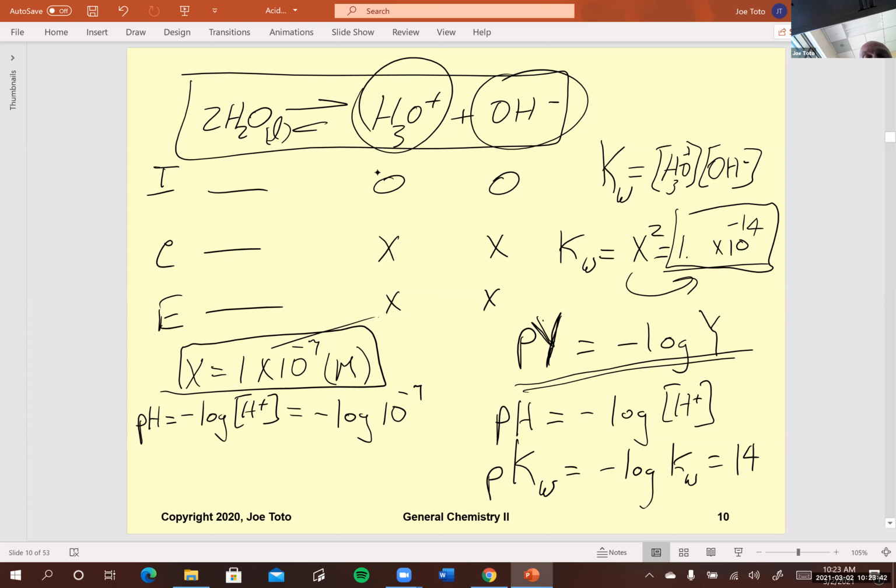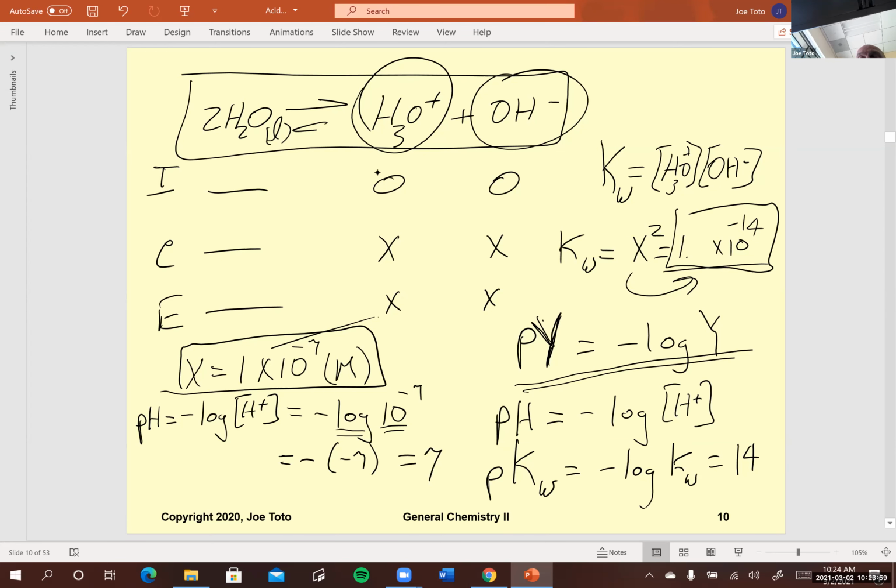And I noticed that the log base 10 is the anti-function of 10 to the whatever. So those two wipe out each other. And I get minus a minus 7, which equals 7. So there you got it.